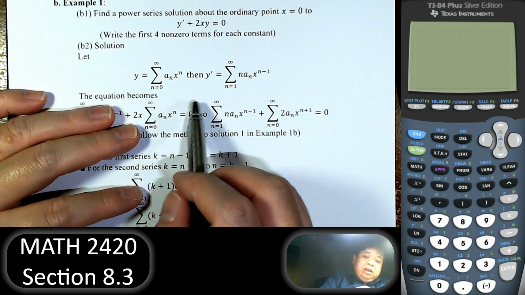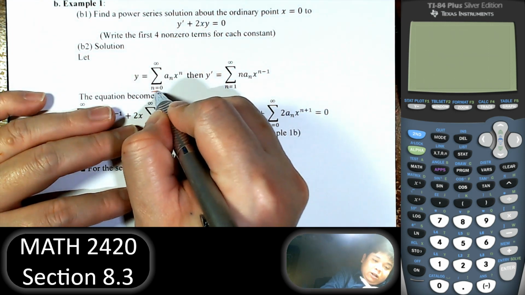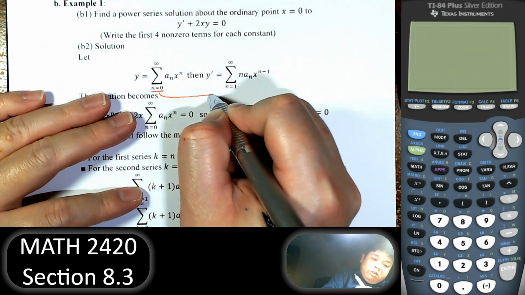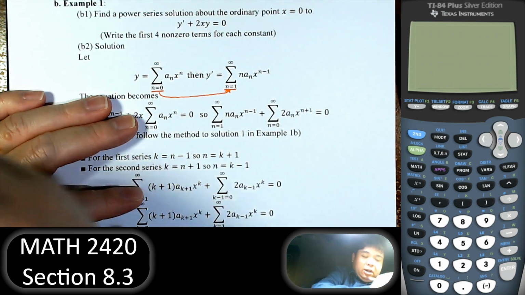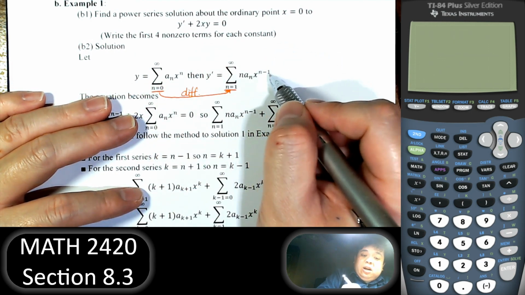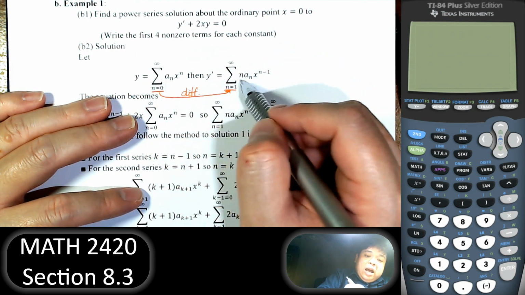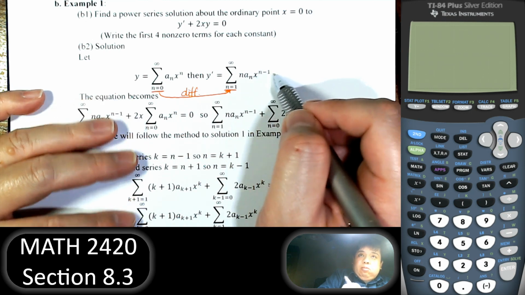Now if we take the derivative, the index will increase by 1. We talked about this in the previous section. When we differentiate term by term, the power n goes down and the original power n becomes n minus 1.